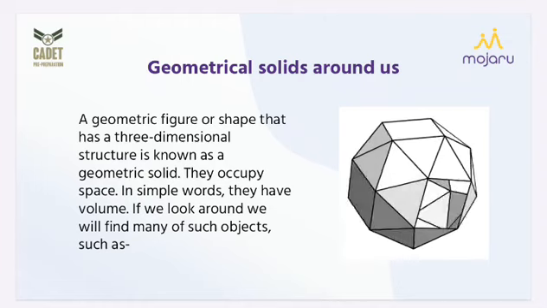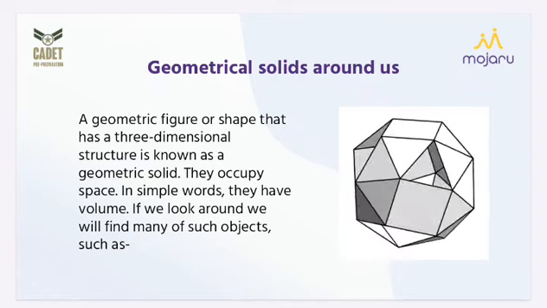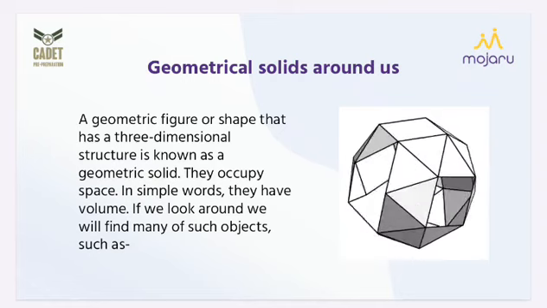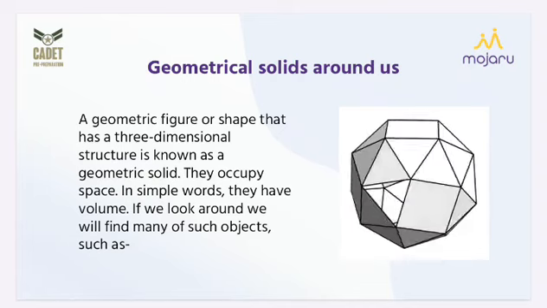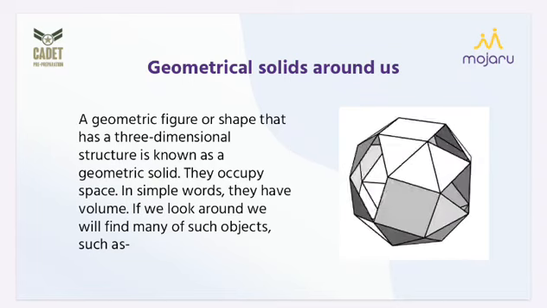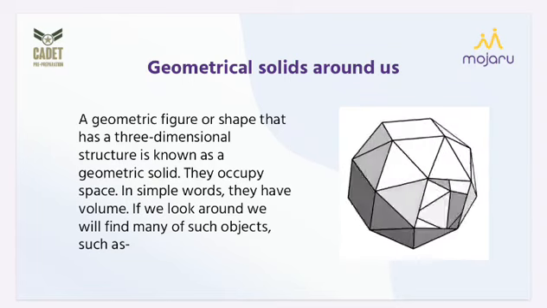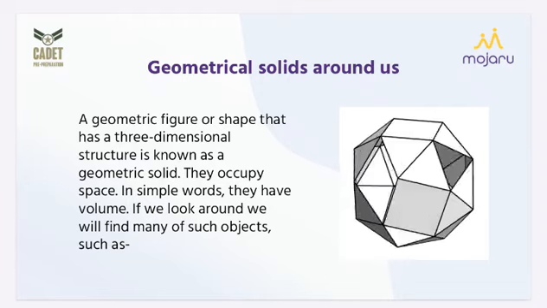But our real life is in 3D, three-dimensional shapes, right? It not only has length and breadth but also has height. So everything we see in our life is in 3D. Geometrical solids are perfect examples for our daily life. If we look around, we will find many such objects.